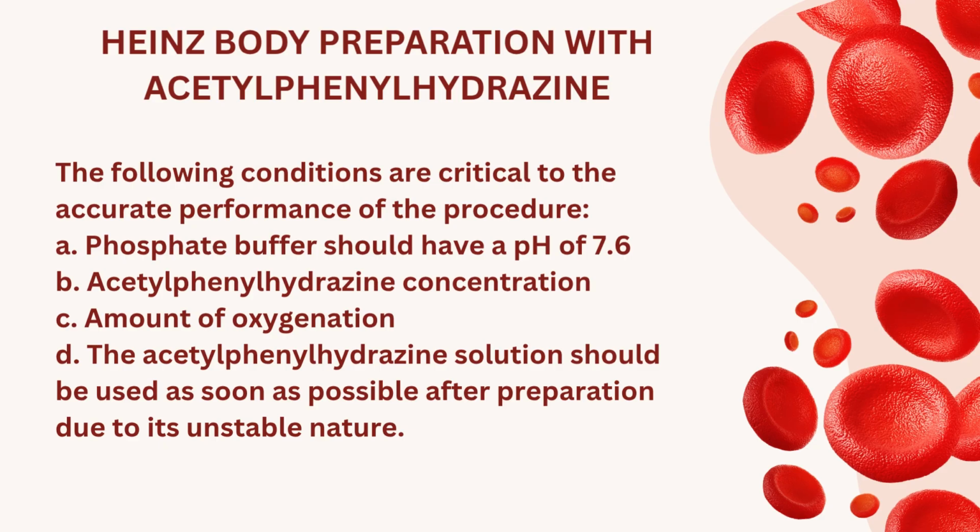The more oxygenation, the greater the development of Heinz bodies. So, capillary blood should not be used in this procedure. Now, the acetylphenylhydrazine solution should be used as soon as possible after preparation due to its unstable nature.